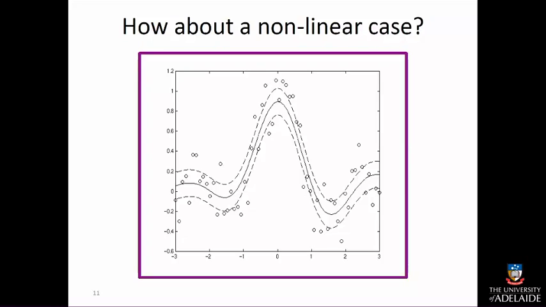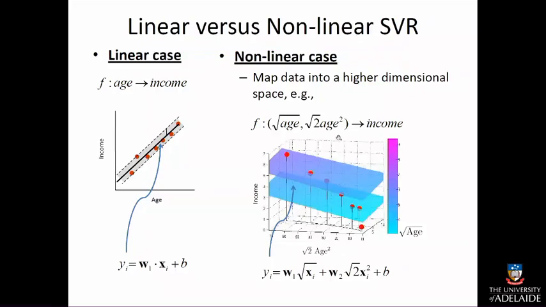We can apply the so-called kernel trick to extend this into kernelized support vector machines or support vector regression. Here I just show you an example. But how do we do that? The overall idea is the same as in the case of support vector classification.